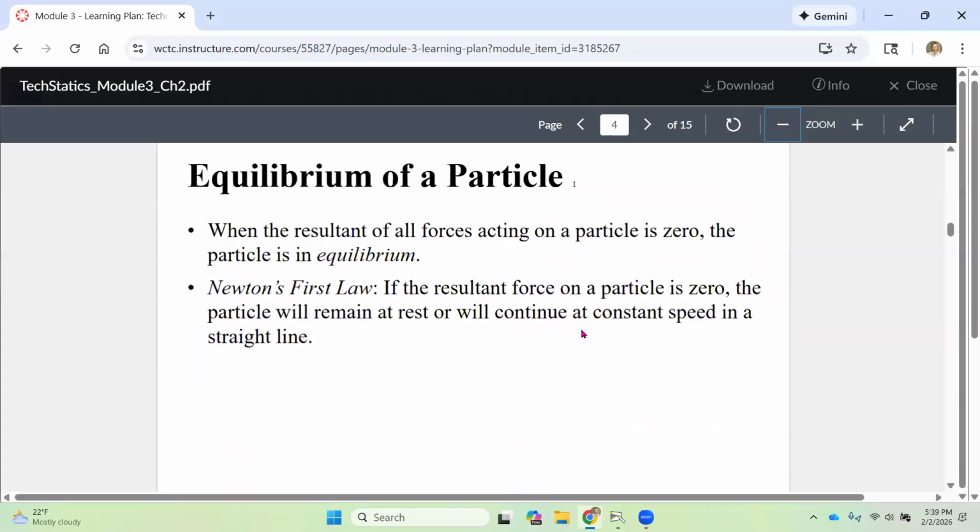Now, equilibrium of a particle is when all of the forces on that particle equals 0, okay? This class is called statics. So what that means is when our forces equal 0, we're not moving. Okay, now that doesn't mean we can have equilibrium only when we're not moving. We can actually have dynamic equilibrium where we're moving at a constant rate.